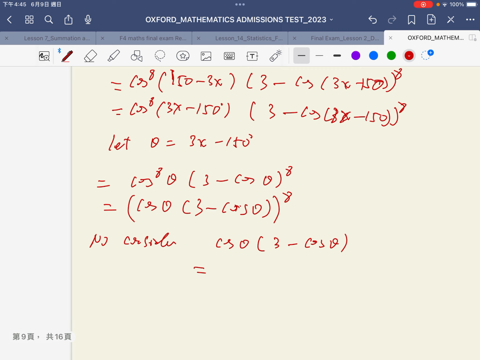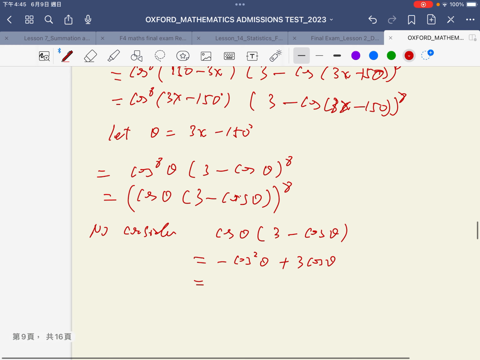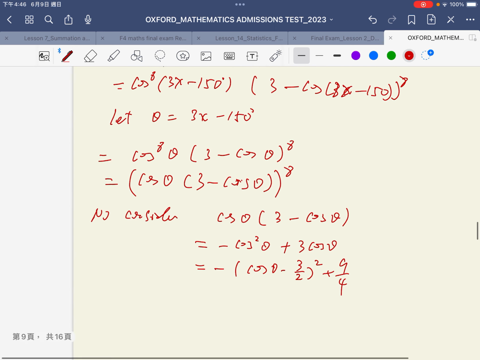Expanding this becomes minus cosine squared theta plus 3 cosine theta. By completing the square, we have minus (cosine theta minus 3 over 2) squared plus 9 over 4.